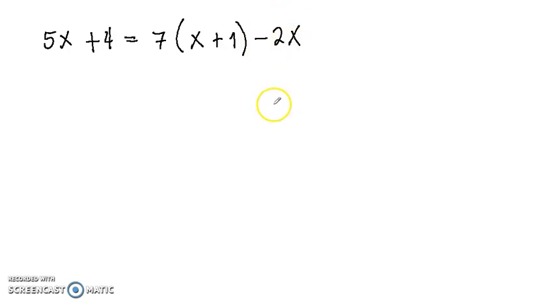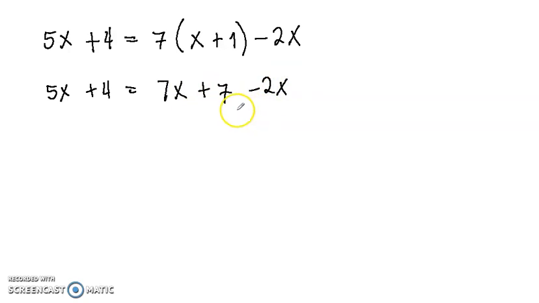So we have operations, we have to distribute first the value of 7. So we will get now 5x plus 4 equals 7x plus 7 minus 2x.